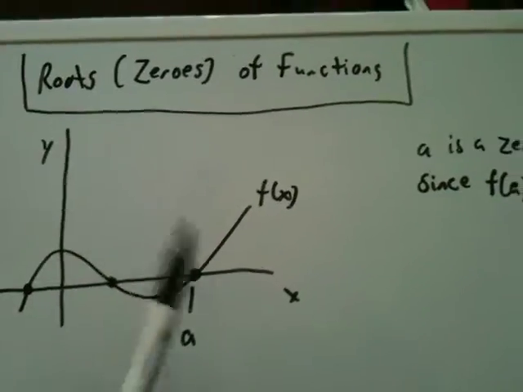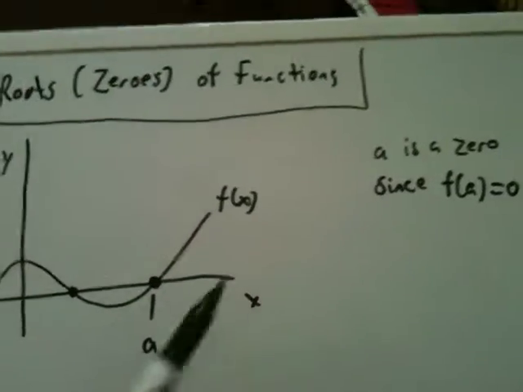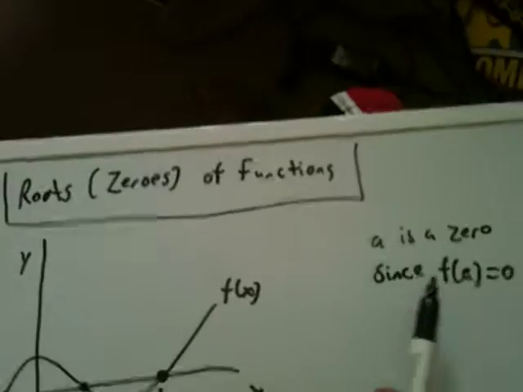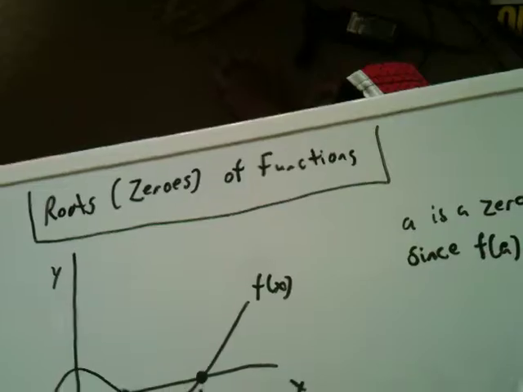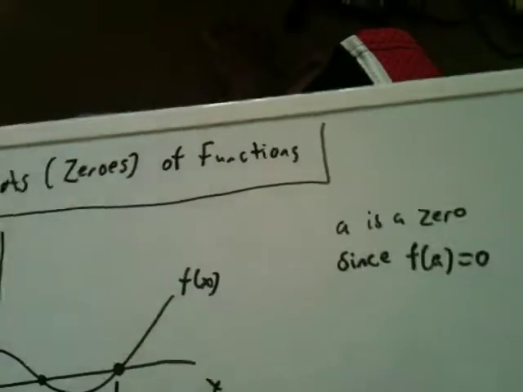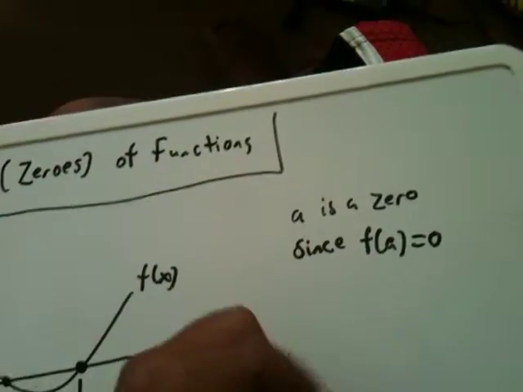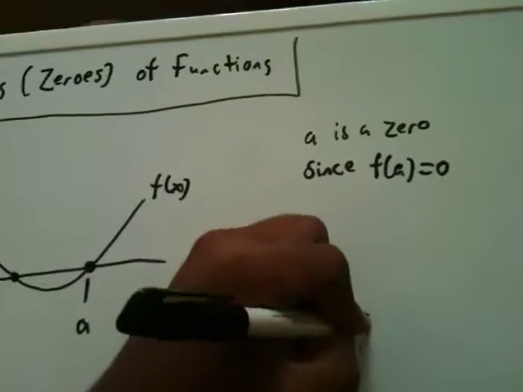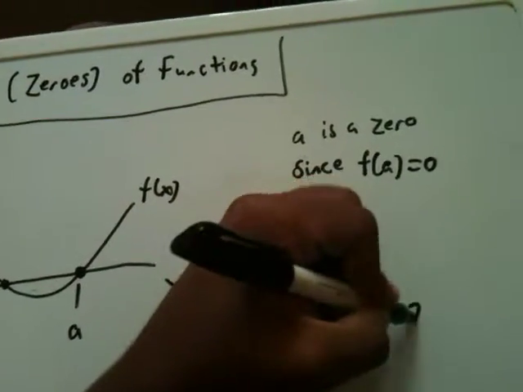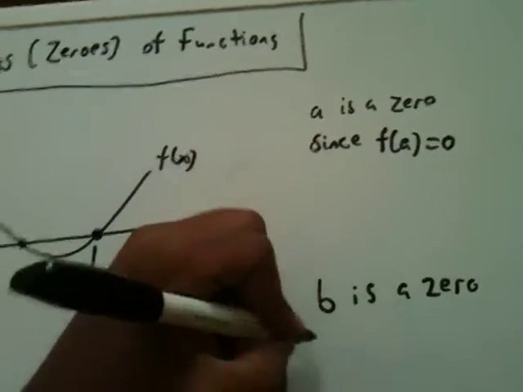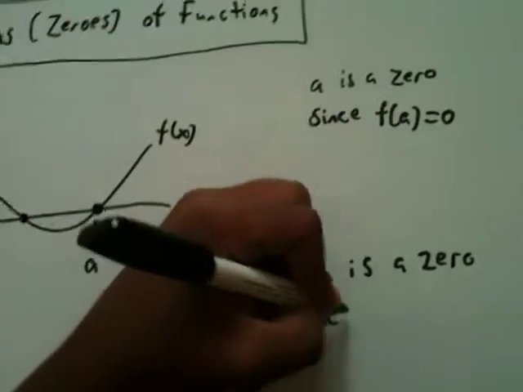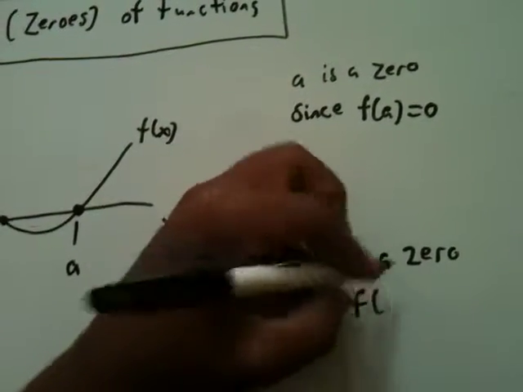But basically, if a is a zero of this function, then f of a is 0. And I can also say b is a zero, since f of b is 0.